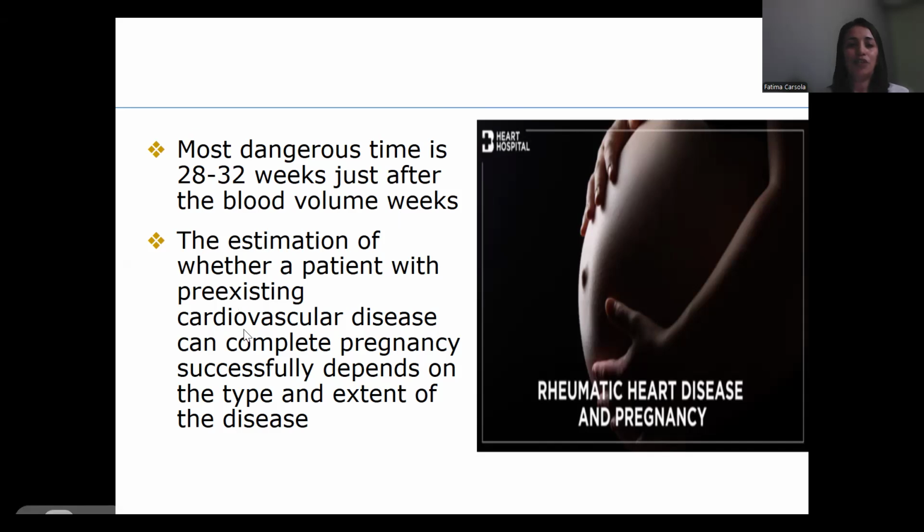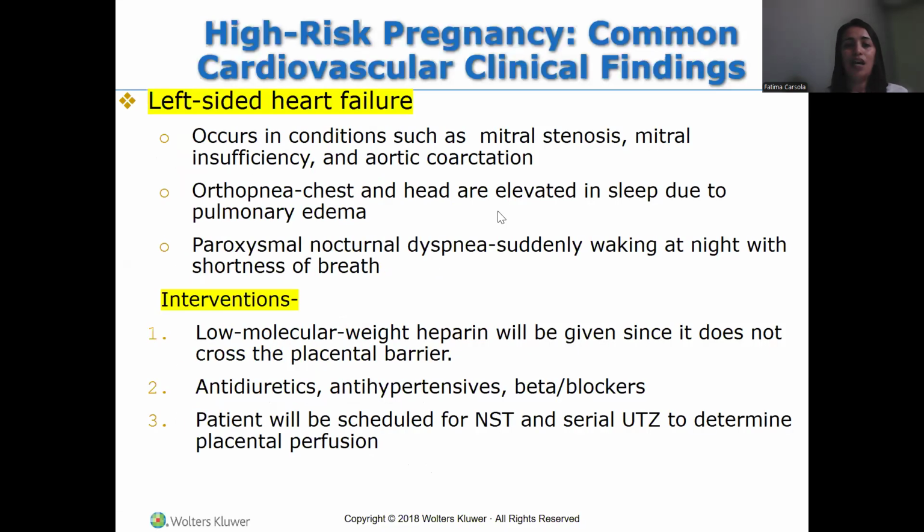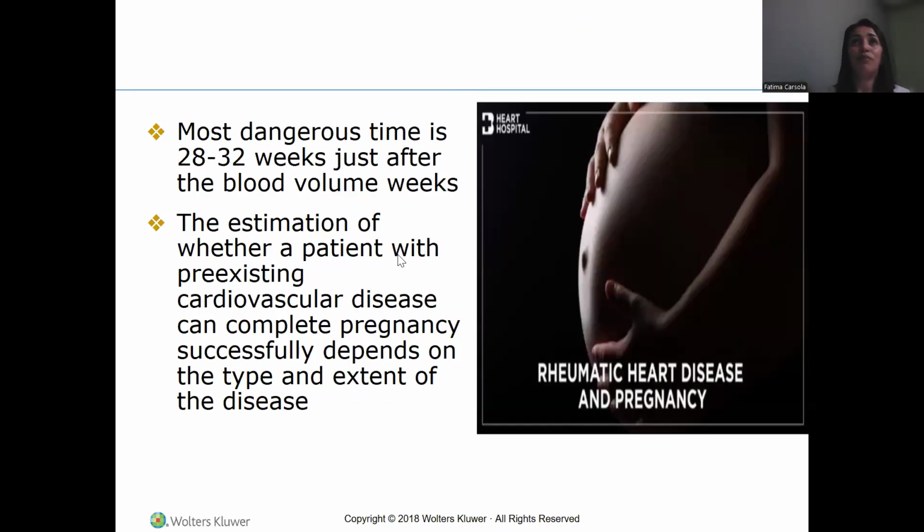And the estimation of whether a patient with pre-existing cardiovascular disease can complete pregnancy successfully depends on the type and extent of the disease. Meaning that when you are having heart disease, there could be a problem in pregnancy.